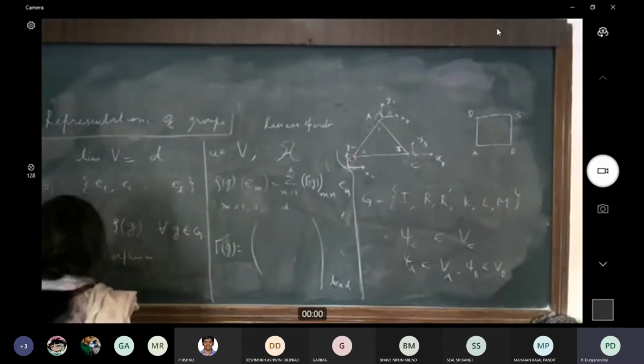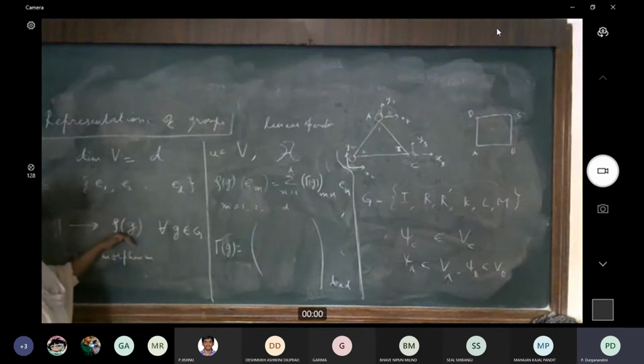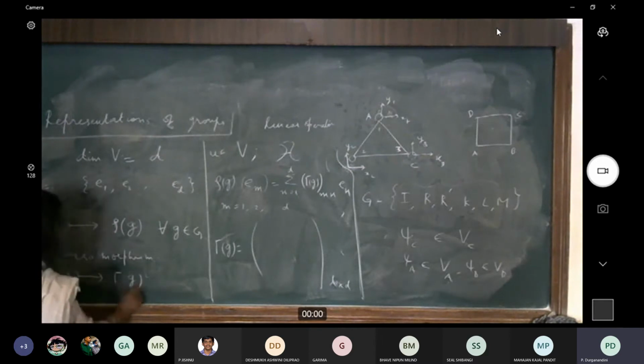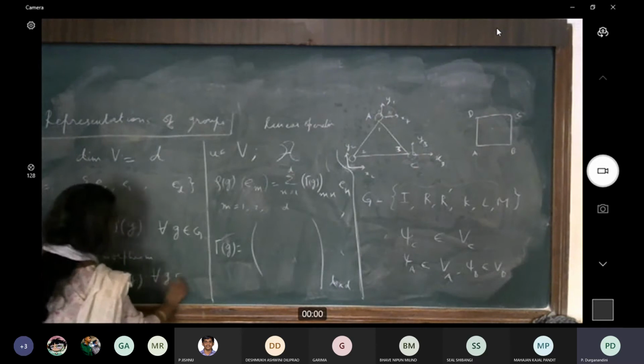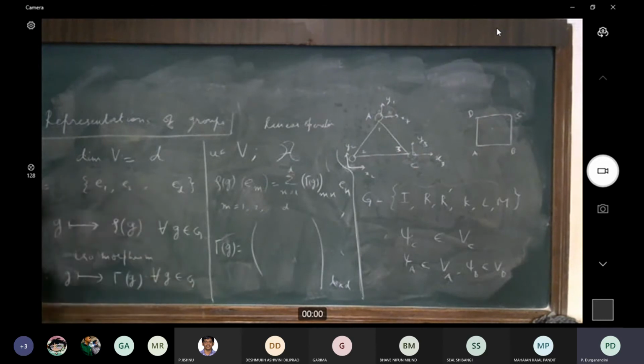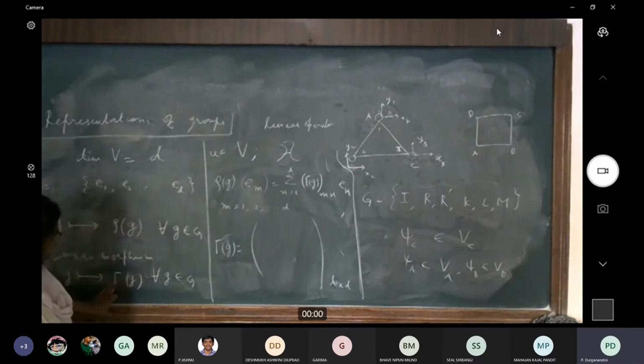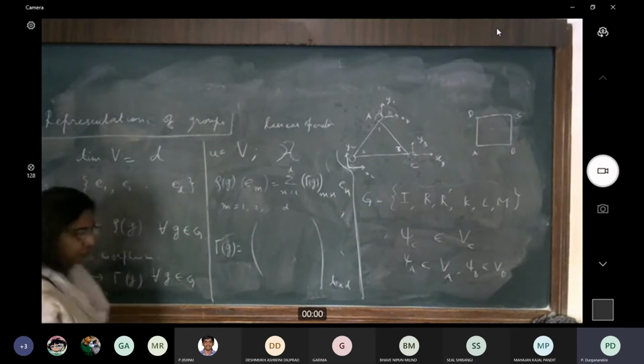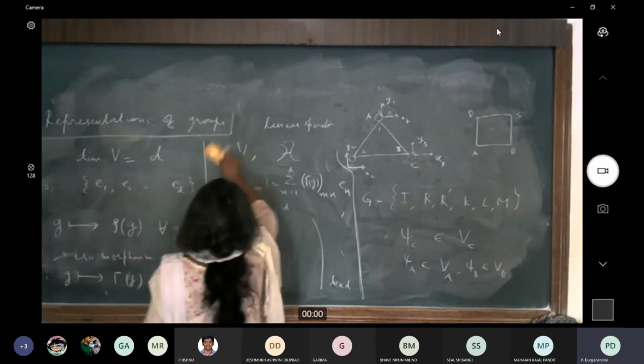But because your isomorphism rho preserves the group property, I can alternately think of gamma directly as a mapping from G to gamma of G for all g belonging to G. So I can think of this as a mapping from the group element g to this gamma of g, which is a d by d matrix. Most generally, it is a d by d complex matrix.